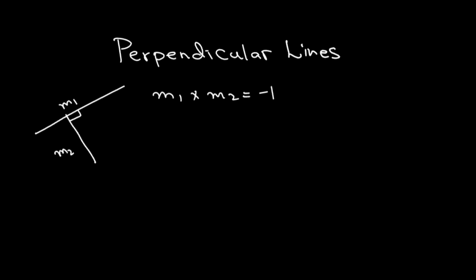Now what does that mean? For example, m1 equals 3 over 4. So m2 should equal -4 over 3, since the negative reciprocal of 3 over 4 is -4 over 3. And if you multiply 3 over 4 with -4 over 3, you will get -1. Now let's take another example.